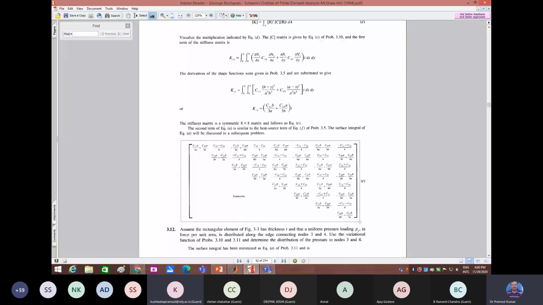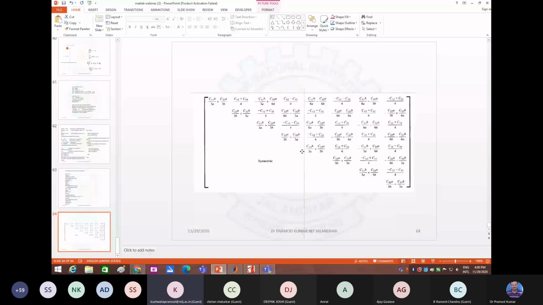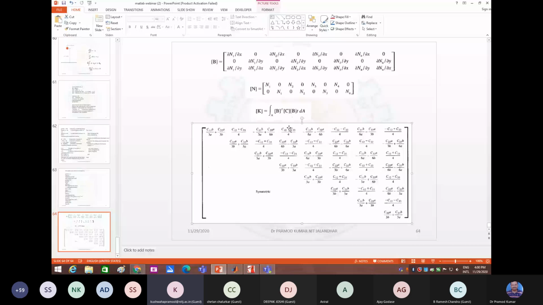With such a huge expression, this is a matrix multiplication and then integration, and this is the choice of the integration here. B matrix, the strain displacement matrix, and this is your D material matrix, and integrated with respect to x and y, we get this expression.